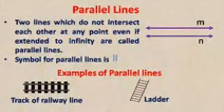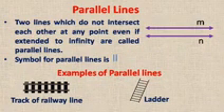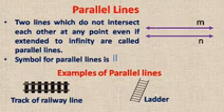Students, what are parallel lines? Two lines which do not intersect each other at any point, even if extended to infinity, are called parallel lines. Means lines which do not touch each other and move at equal distance from one another are called parallel lines. The symbol for parallel lines is given in this slide.